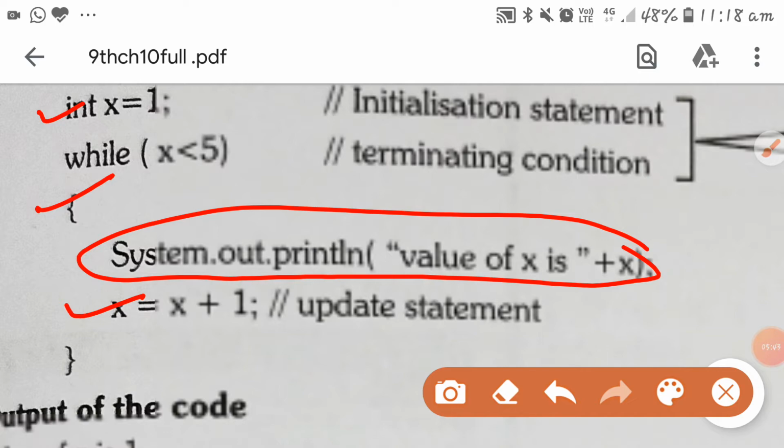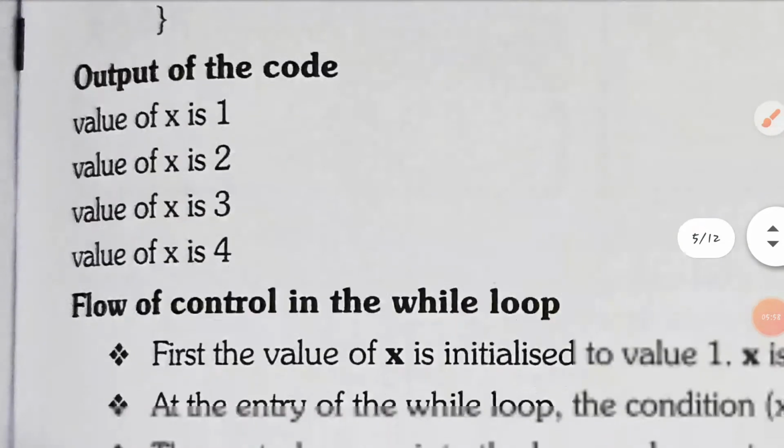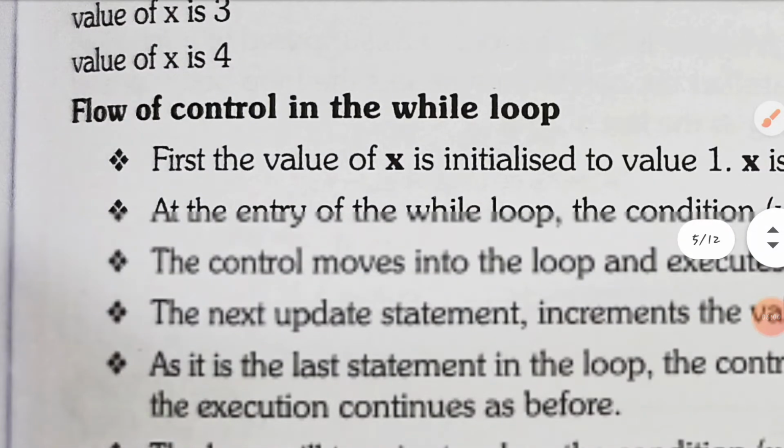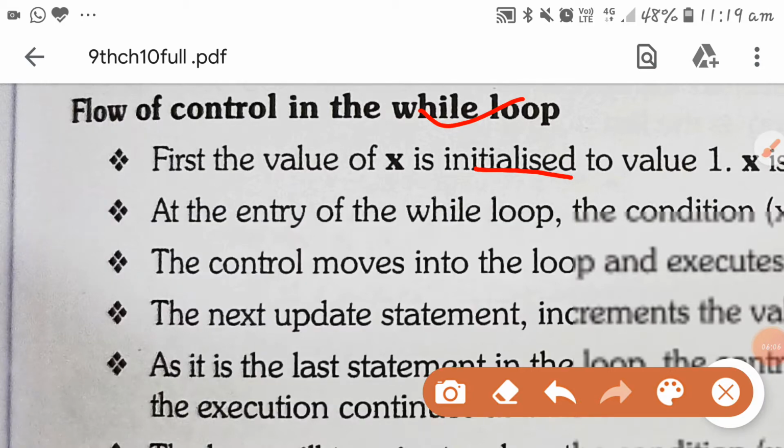In my for loop and while loop practical videos, with the help of programs, I have explained all these concepts to you. So that's why first see those videos also. Now they have written how the while loop will be executed: first initialization, then condition, then body of the loop, then update.